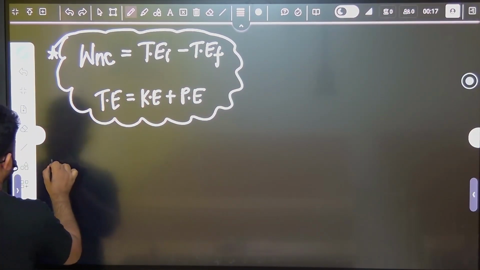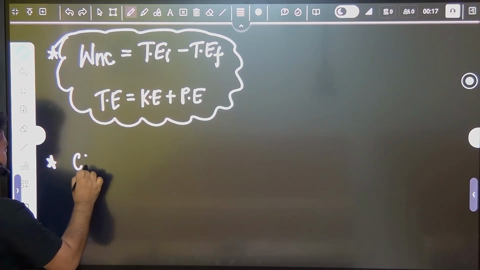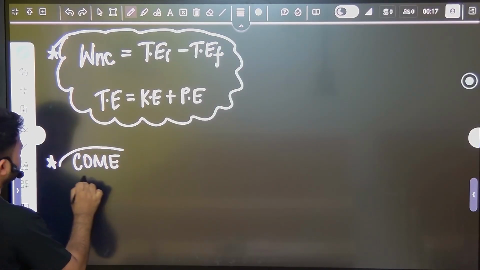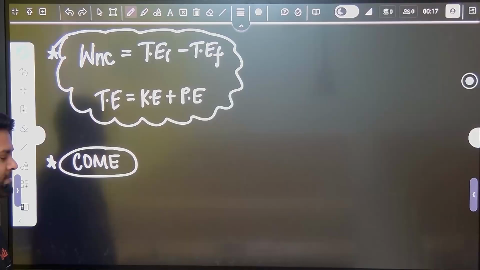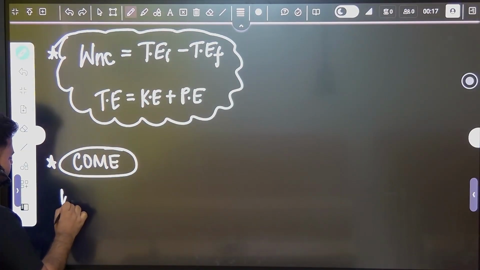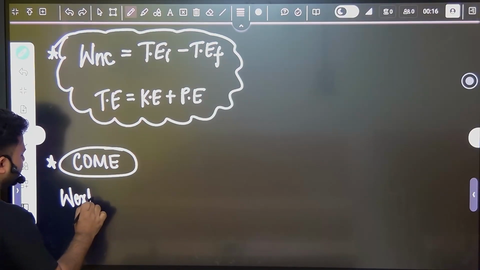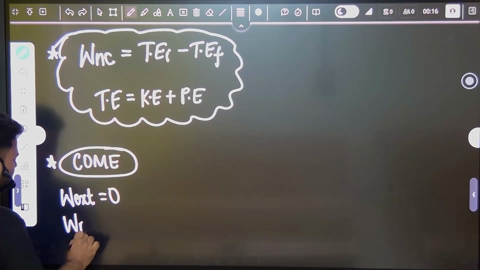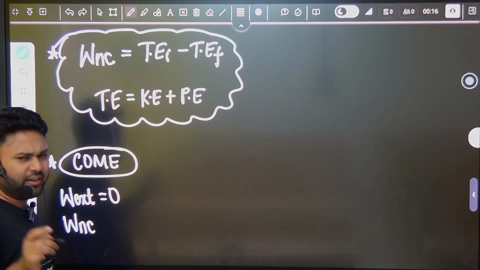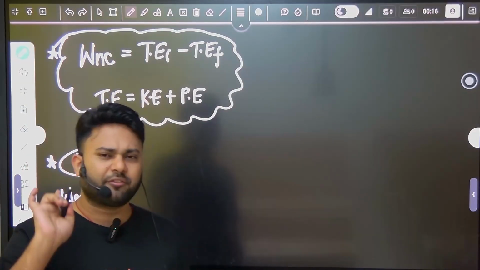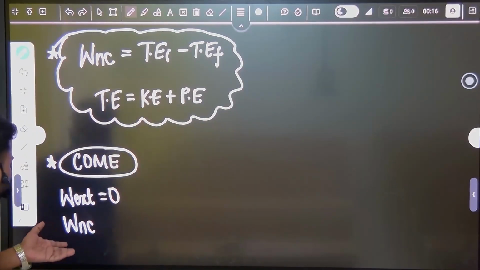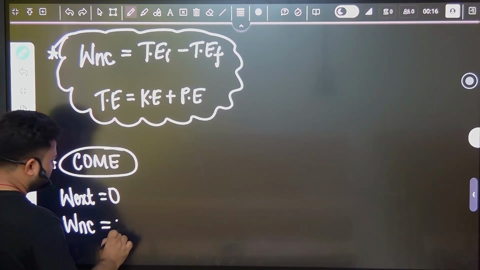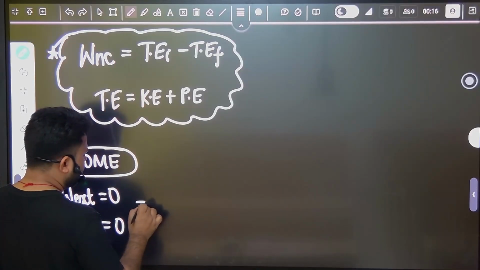Then we have conservation of mechanical energy. What is this? It states that if work done by external agent is 0, if there is no friction or work done by non-conservative force, whenever I say non-conservative force, first you think about friction only. So if there is no friction, or you can say work done by non-conservative force is also 0, then what we can write?